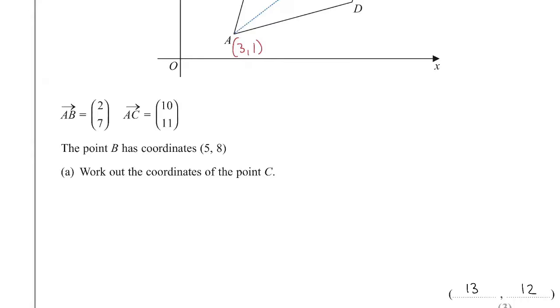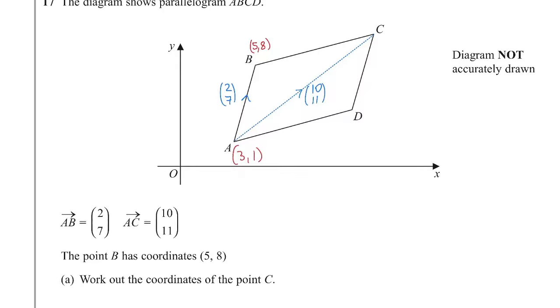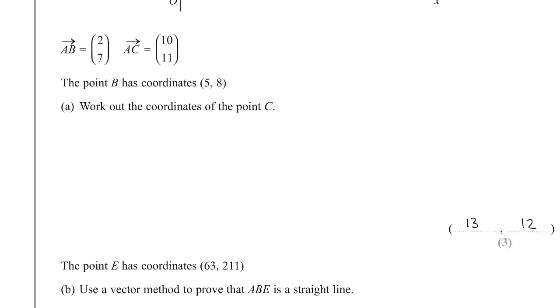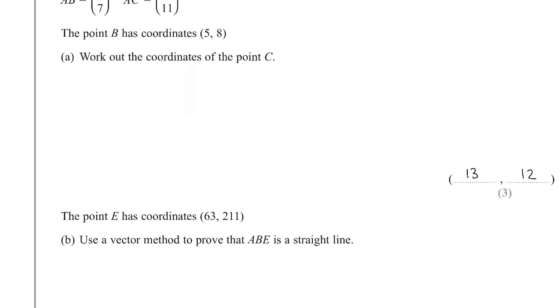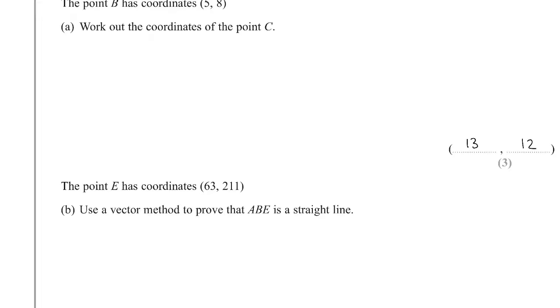All my workings are appearing on the diagram here. And then we have a point D that has coordinates (63, 211). We need to use a vector method to prove that ABE is a straight line. So what I will actually do is, first of all, write down AB, which is (2, 7).